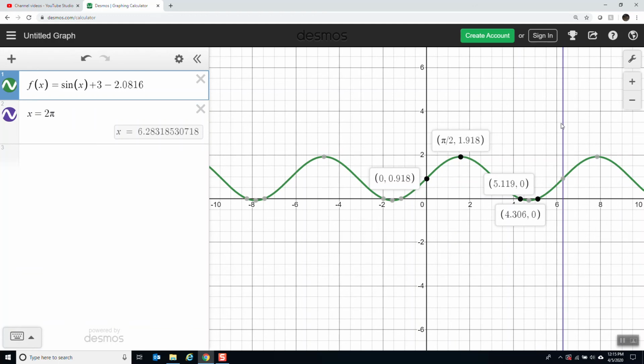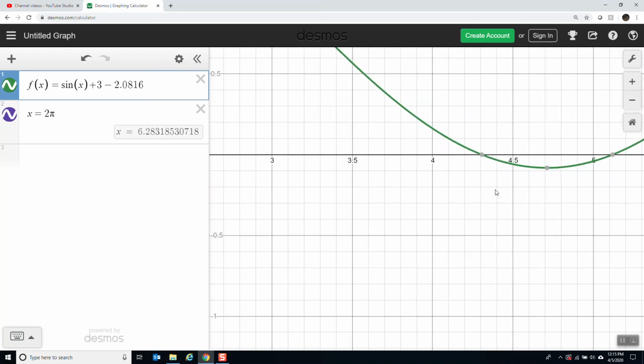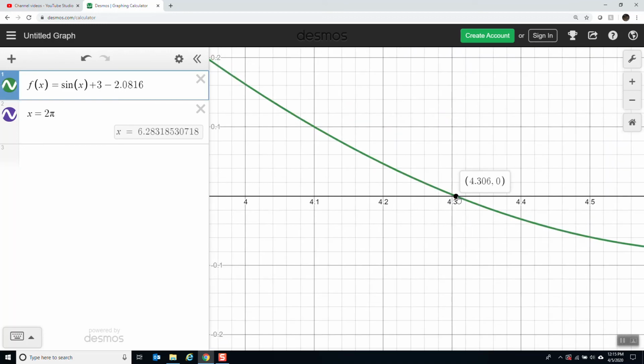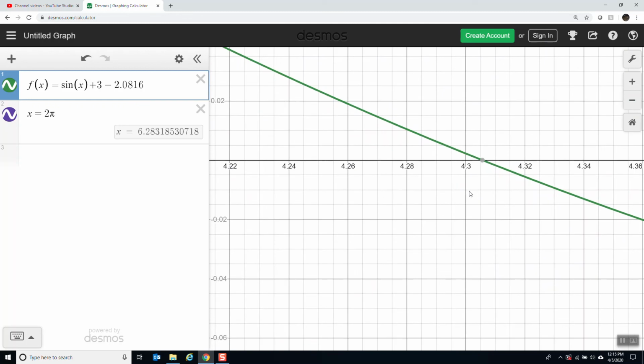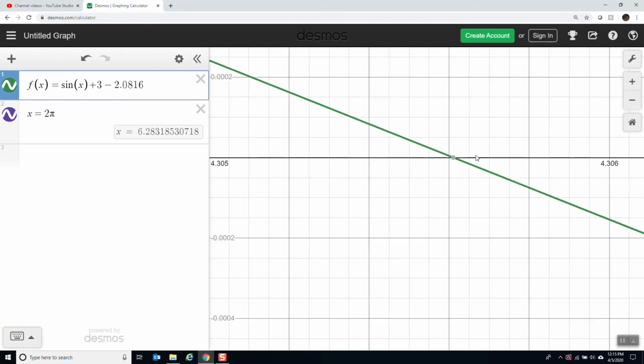It's going to look like this, and then I'll put in these two values, 4.307 and 5.119. So interesting that this one is a little bit off, or ours is a little bit off because of rounding, right? So probably the correct answer here is 4.306. I think sometimes if you zoom in, you can get a few more decimal places. Yeah, there you go. So here's 4.306.